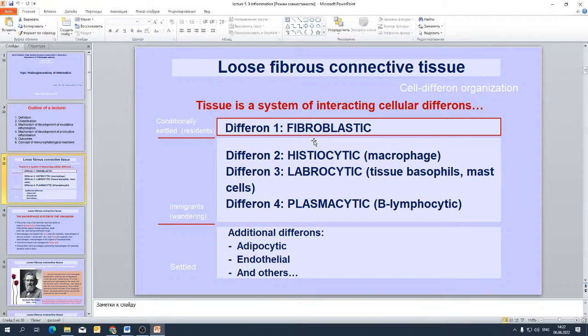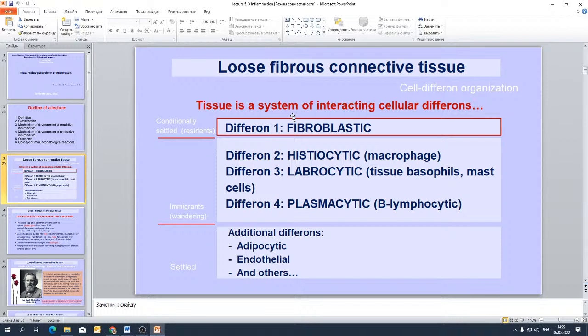Fibrous connective tissue. If you remember, what changes form in tissue, the localization is in connective tissue, in loose fibrous connective tissue, and different cells are present there.